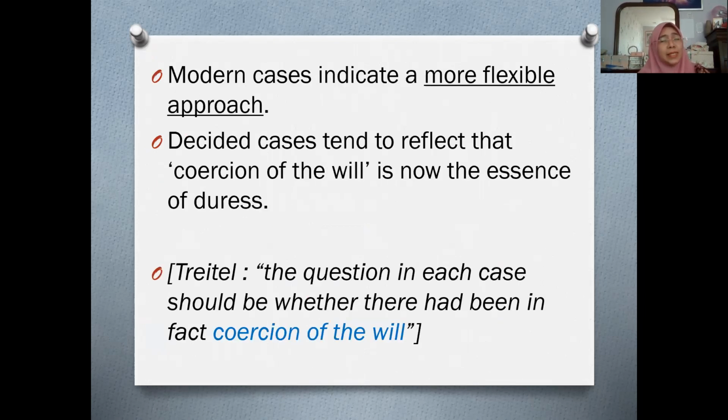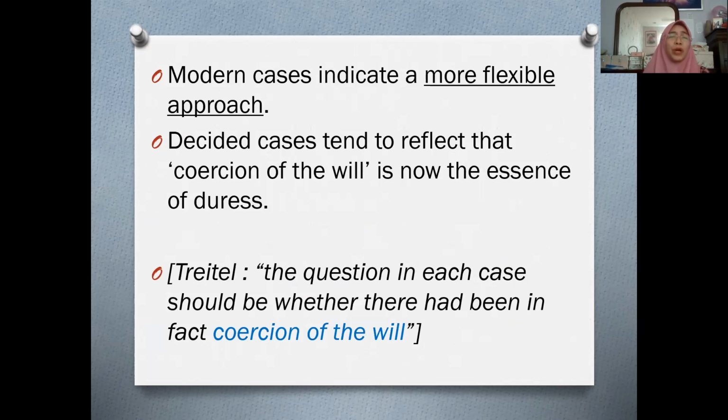But modern cases later have a more flexible approach, because from the cases we can see that coercion of the will is the essence. We will see whether the victim was under coercion of the will or not.